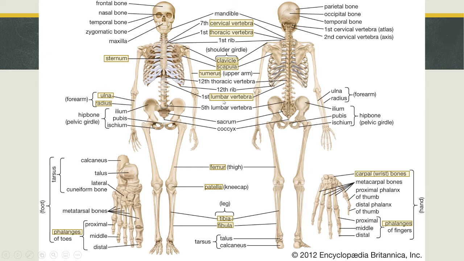And then there's your lumbar vertebrae, that's that little section between your ribs and your pelvis. All right, so cervical vertebrae, thoracic vertebrae, and lumbar vertebrae. And those are the skeletal system terms that I'm going to have you study.